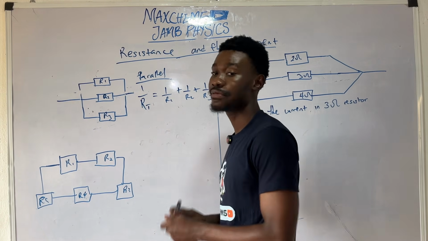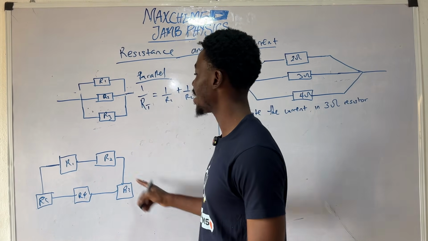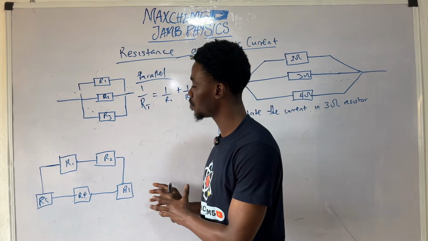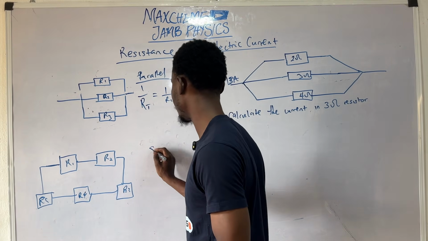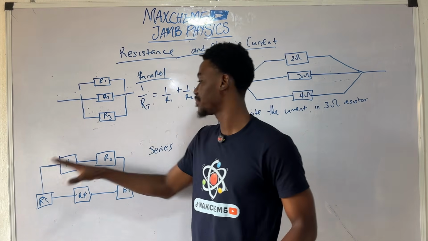That is, if I have a current, the current has only one path to follow. So they all have the same current flowing through them. So for a series configuration, the same current flows through every resistance.